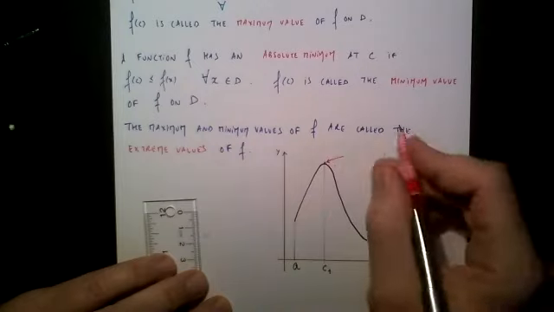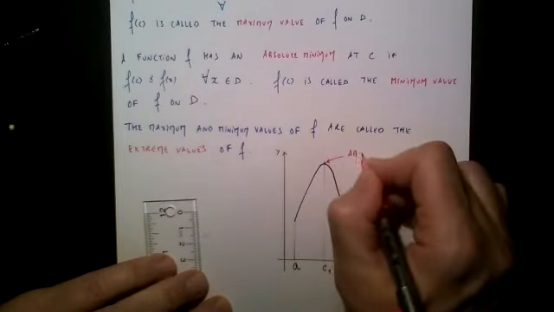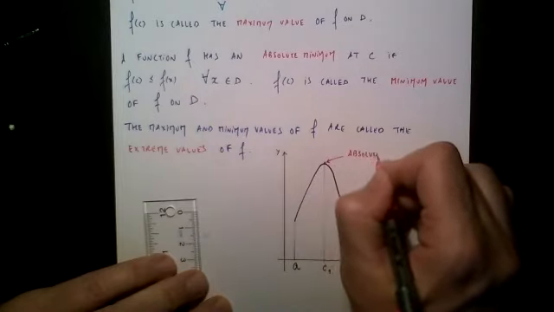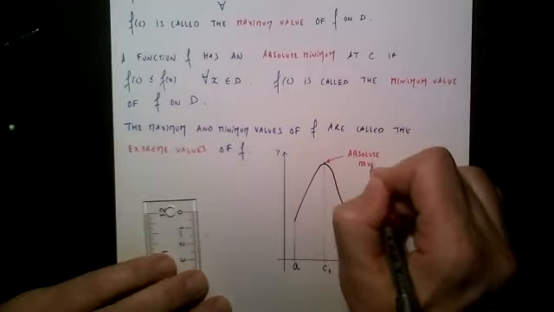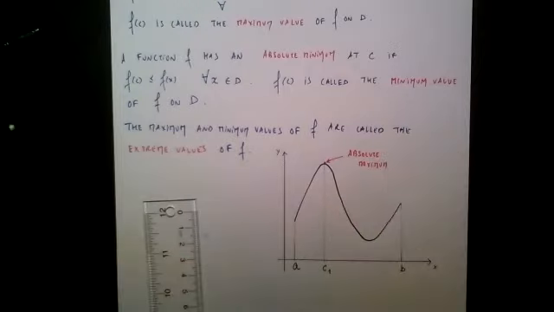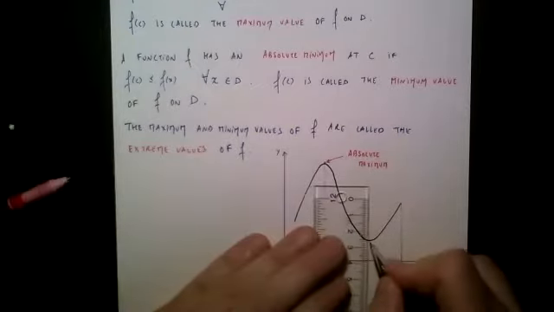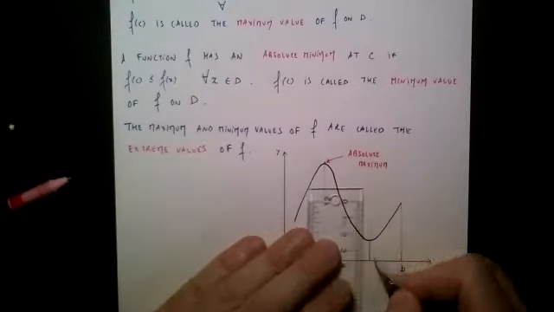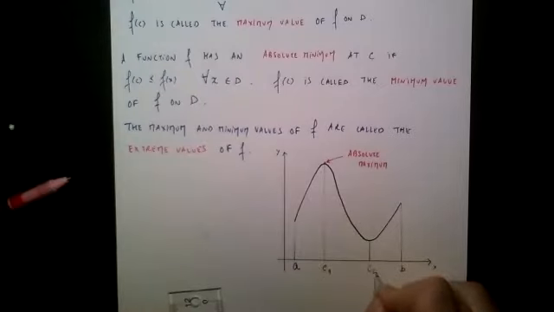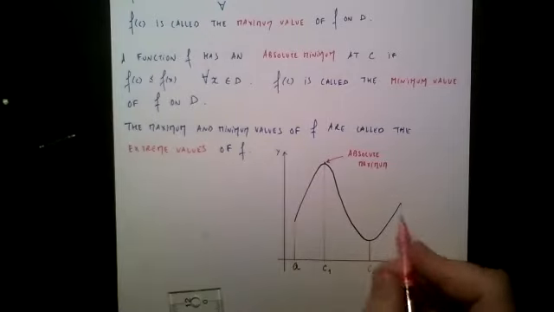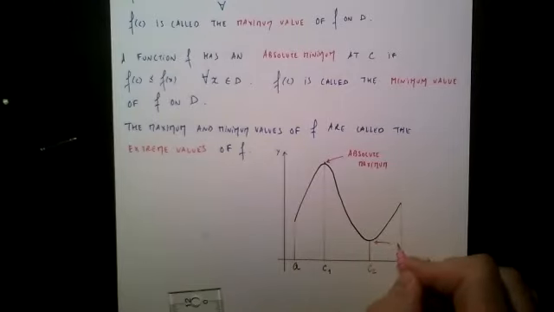And this point here is called the absolute maximum. Okay, and there's another value here, C2. And of course, this is the absolute minimum.